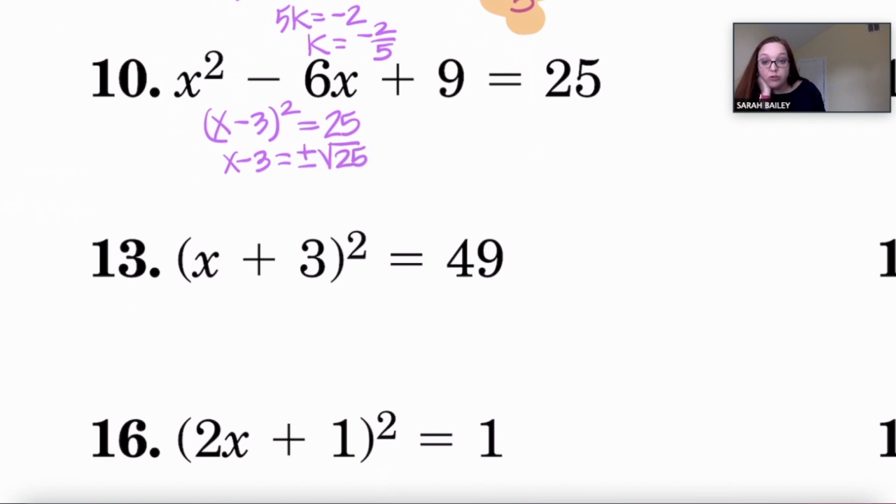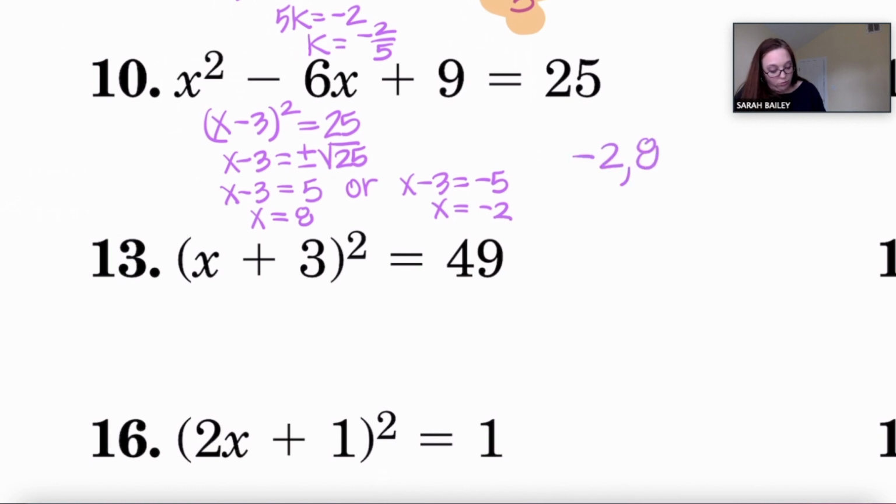So I have 2 solutions. X minus 3 is equal to positive 5, or it's equal to negative 5. Okay, because the square root of 25 is either 5 or negative 5. 5 times 5 is 25, and negative 5 times negative 5 is also 25. So here x would be 8, and here x would be negative 2. So I have two solutions, negative 2 and 8.